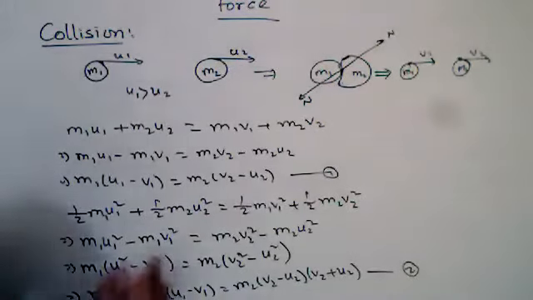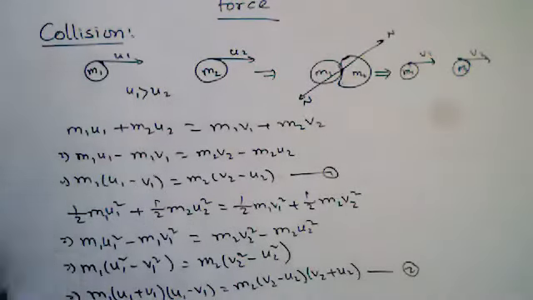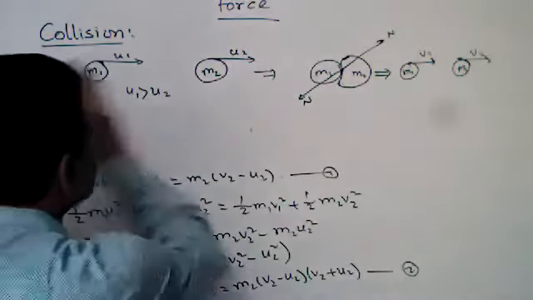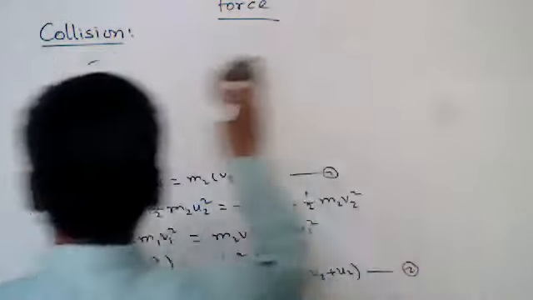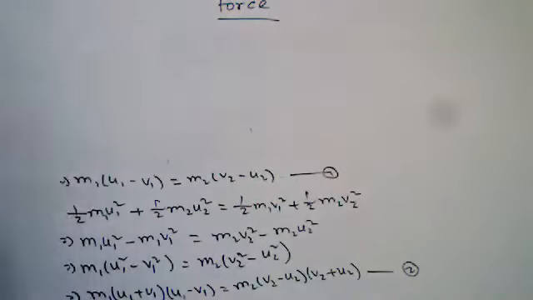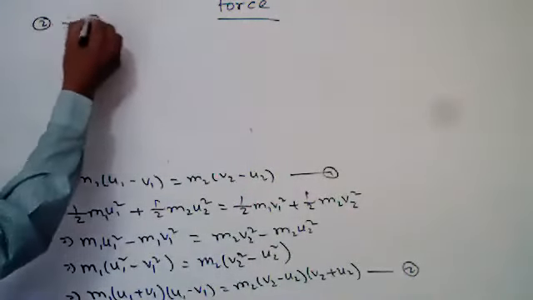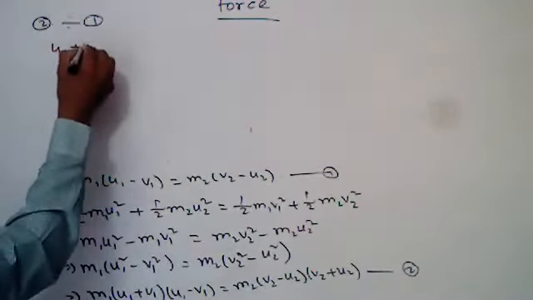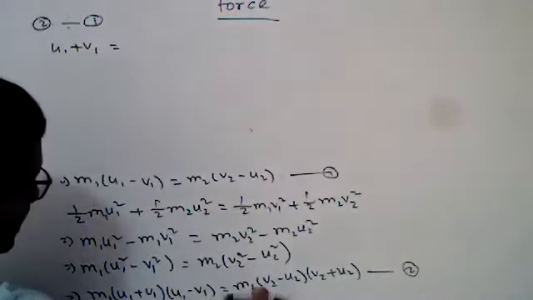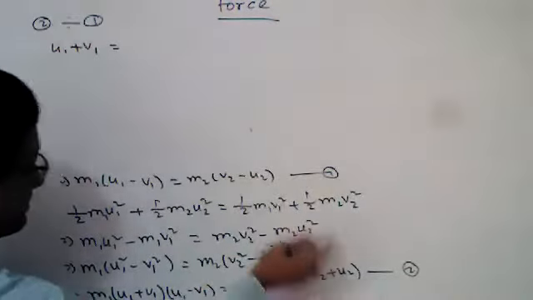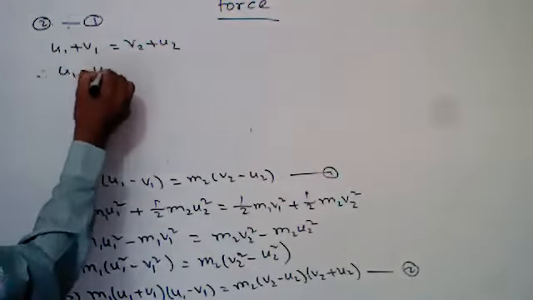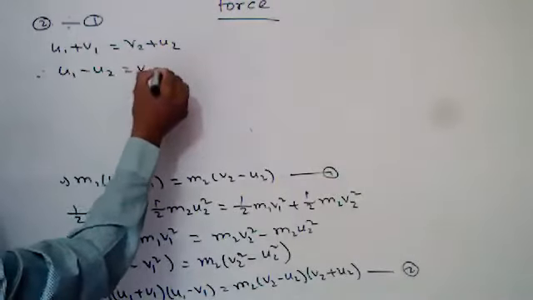Now we divide equation 2 by equation 1. So m1 (u1 minus v1)(u1 plus v1) divided by m1 (u1 minus v1) equals m2 (v2 minus u2)(v2 plus u2) divided by m2 (v2 minus u2). So we can write u1 plus v1 equals v2 plus u2, so u1 minus u2 equals v2 minus v1.